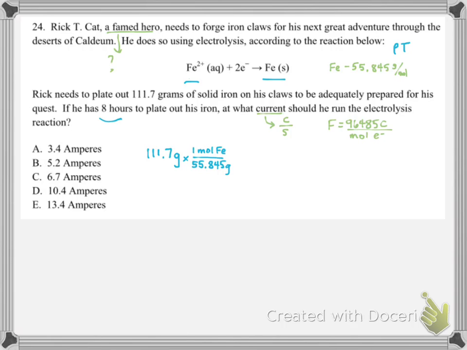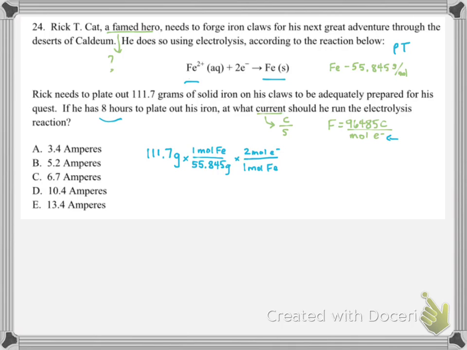And I know that in Faraday's constant I have moles of electrons. So I want to convert to moles of electrons using that balanced reaction. So the stoichiometry of that tells me that for every 1 mole of iron that I make, I have to put in 2 moles of electrons.